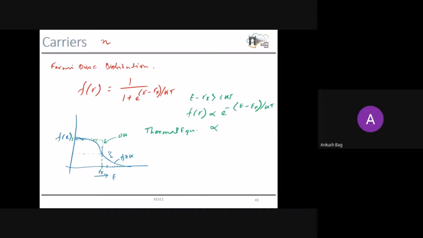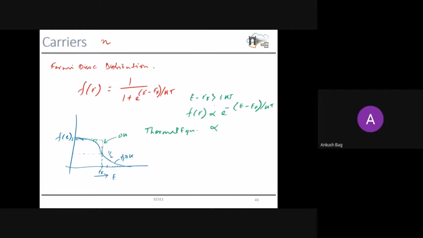Again, at room temperature this kT value is 26 millivolt. So 3 into 26 is around 80 millivolt. 80 millivolt is a very small energy, as you can guess.